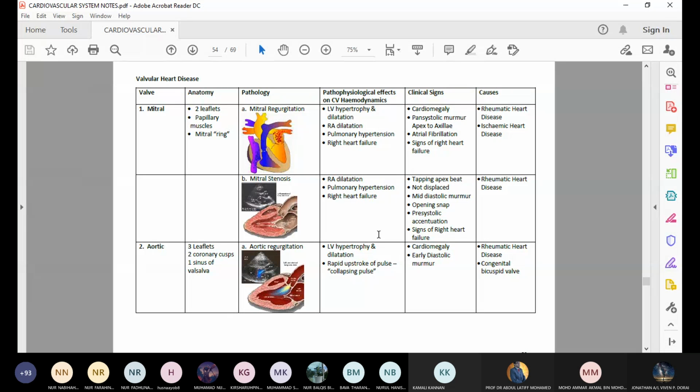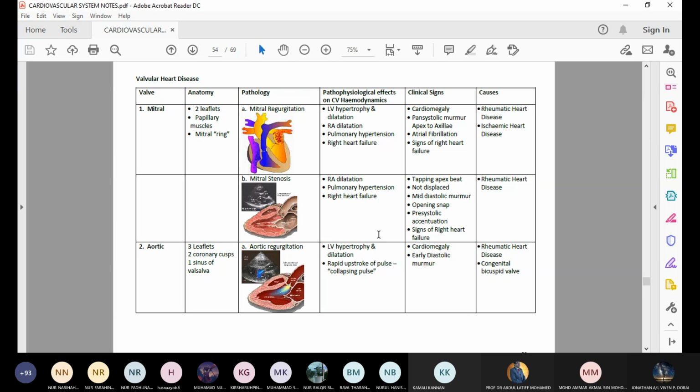It will cause pulmonary hypertension. Okay, then the back pressure goes to the right heart. There will be right ventricular hypertrophy, right ventricular dilatation. There will be tricuspid regurgitation. The pressure will go up. It will cause the jugular venous pressure to be increased.